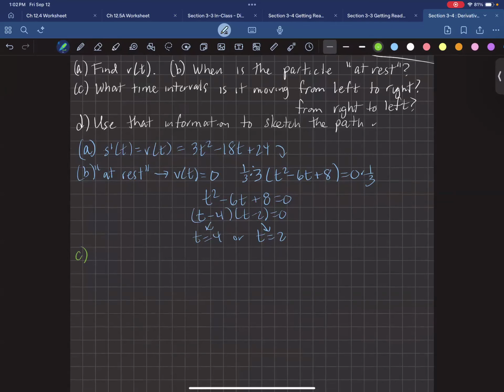C, we want to know what time intervals it is moving from left to right or right to left. Left to right would be when velocity is greater than 0. So we want 3t squared, and again, I'm going to use the factored form here, 3 times (t squared minus 6t plus 8) is greater than 0.